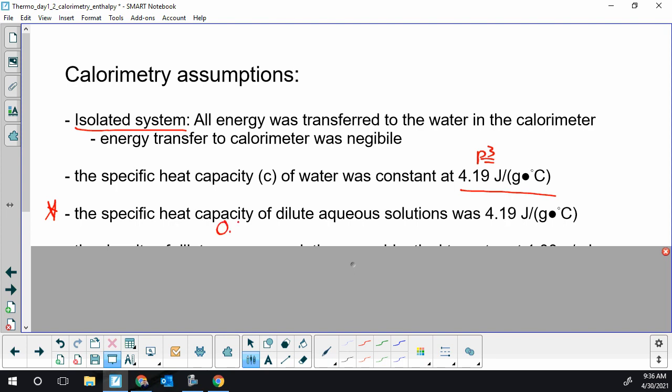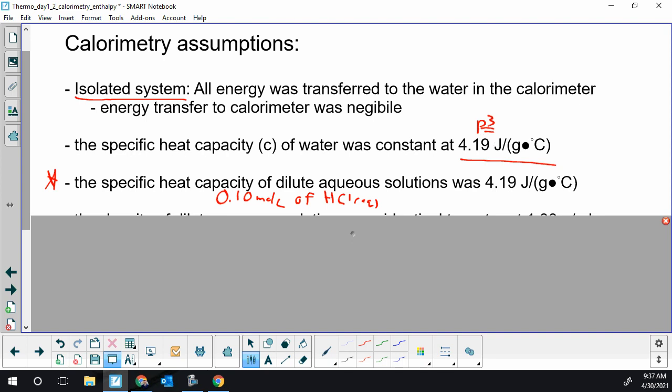If I had 0.10 moles per liter of hydrochloric acid, that means we have 0.1 moles of HCl in a liter of water. That hydrochloric acid aqueous is mostly water, and we're going to use the same value we would for water for that hydrochloric acid solution.